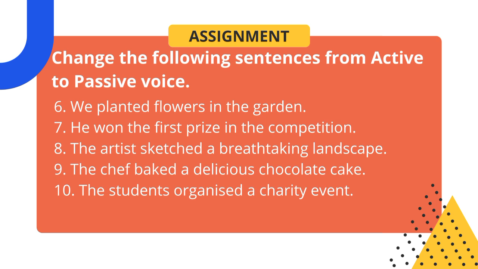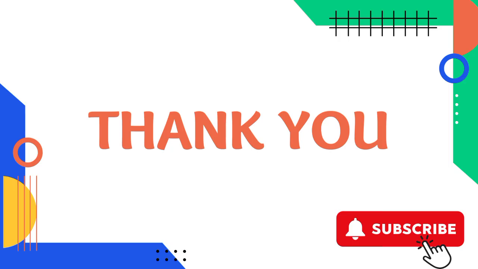And the last one, the students organized a charity event. So you change those sentences from active to passive voice. All the sentences are in active voice, so your task is to change them to passive voice.